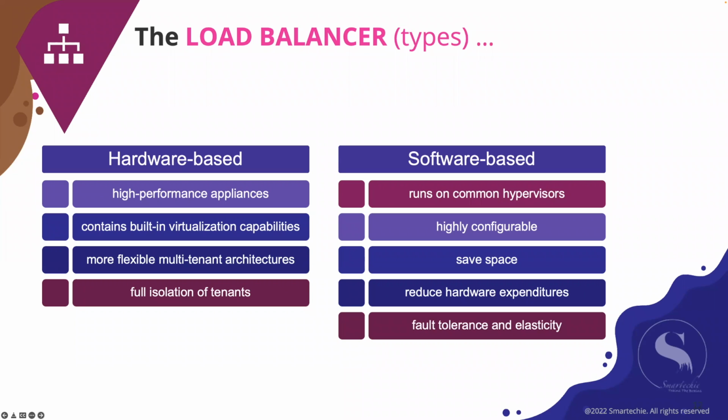This kind of load balancer is highly configurable depending on the use cases and technical requirements. It can also save space and reduce hardware expenditures, and the cloud vendors can easily handle fault tolerance and elasticity for the users. So these are the two main types of load balancer in the marketplace.